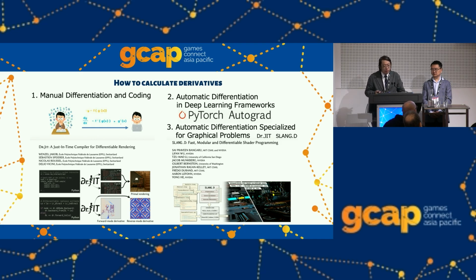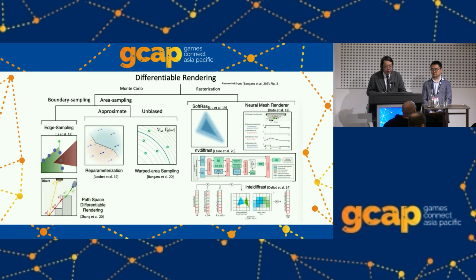Another approach is to utilize the automatic differentiation features of deep learning frameworks, but these frameworks are designed for network training, rather than graphics problems. The third approach is to use automatic differentiable languages specialized for graphics problems, with Dr.Jit and Slang.D being leaders in this field. Another major challenge is handling the discontinuities in rendering.